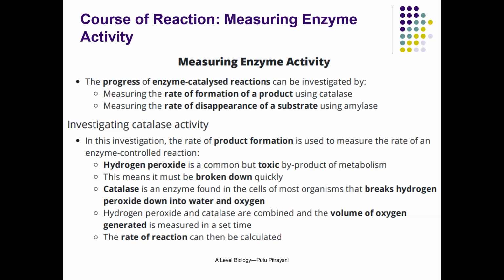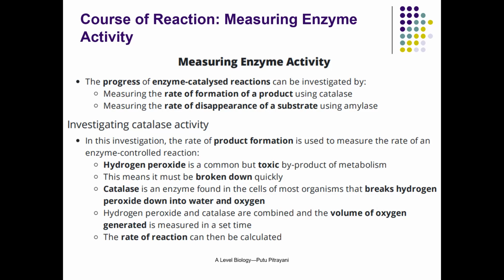Hydrogen peroxide is toxic and cannot be built up in our cells in the long term, so our body needs to break down the hydrogen peroxide quickly into water and then oxygen. To break down the hydrogen peroxide, living things depend on the enzyme called catalase. When they break down the hydrogen peroxide, they produce water and then oxygen.